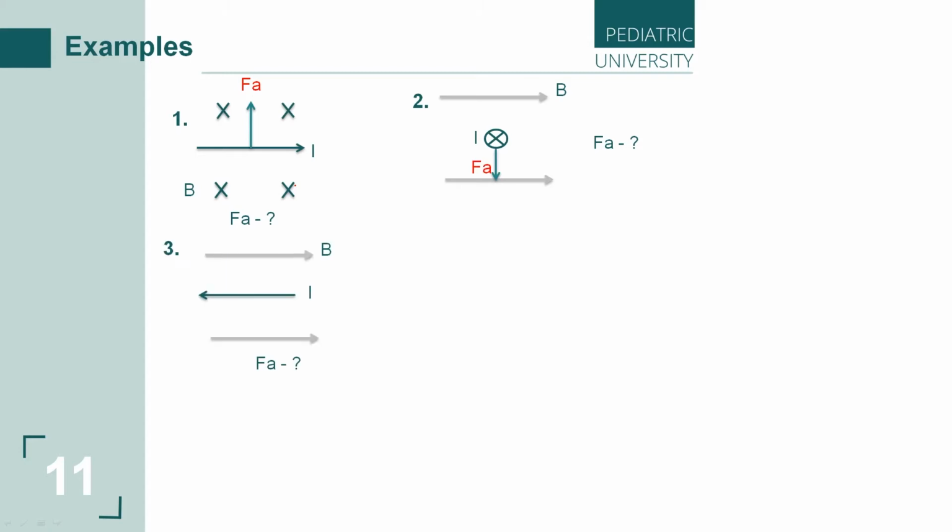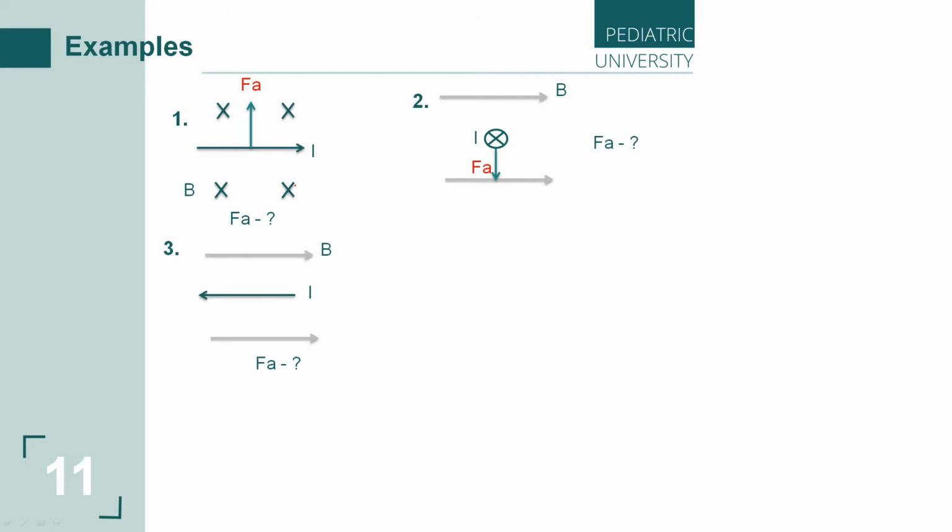Let's see the next example. Consider that the magnetic lines are directed from left to right and the electric current from right to left. Then, according to the left-hand rule, we try to determine the direction of the Ampere force.